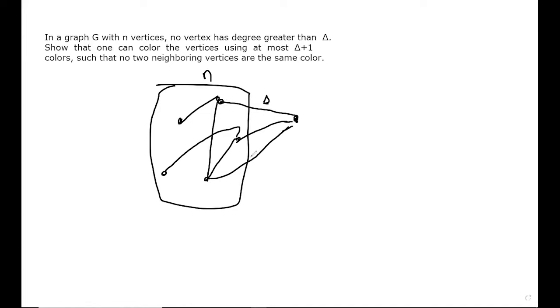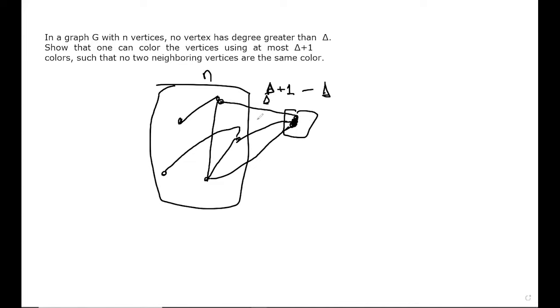These neighbors are colored, so it means this new vertex can't be colored in at most delta of the available colors. But given we have delta plus 1 available colors, there is going to be at least one color with which we can color this vertex, and so we are done.